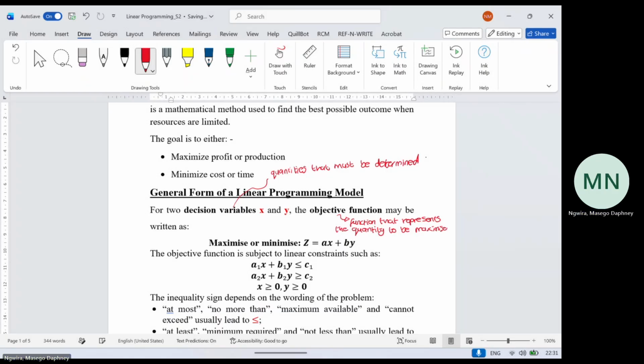These definitions, you will find them in your study guide.